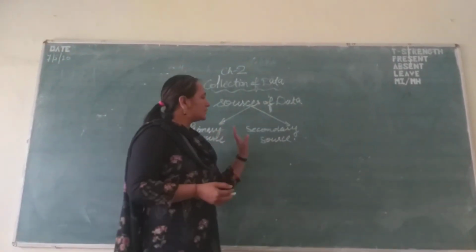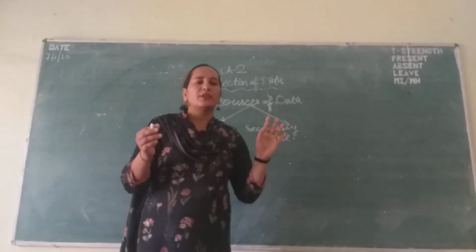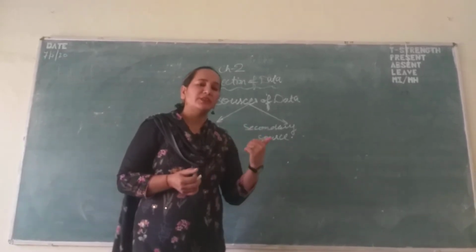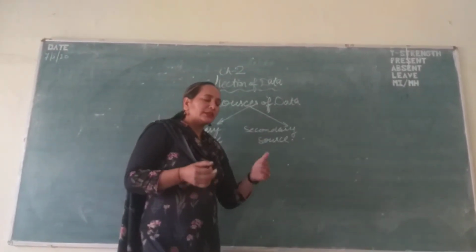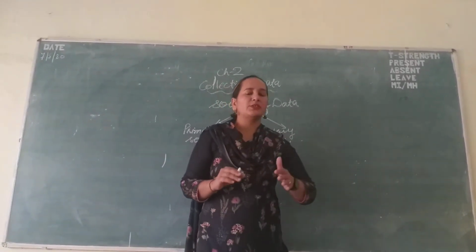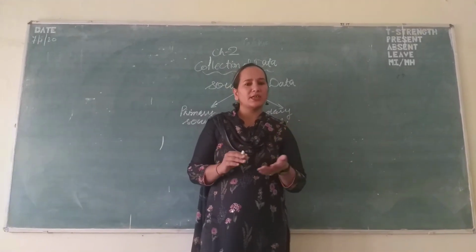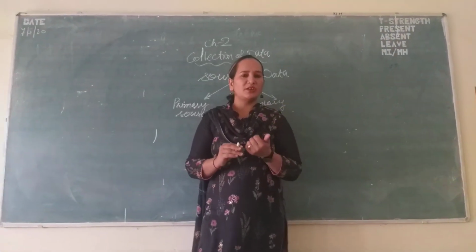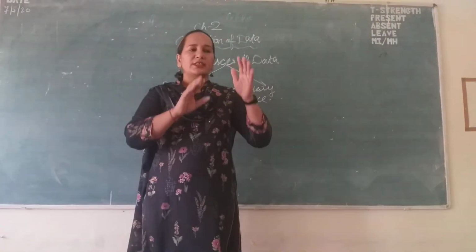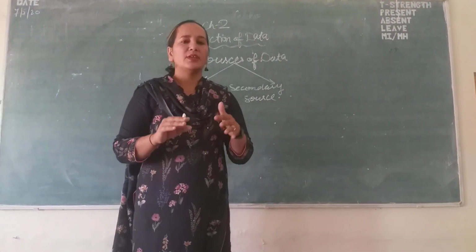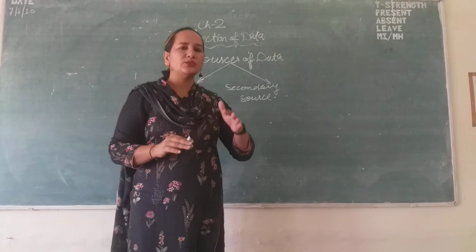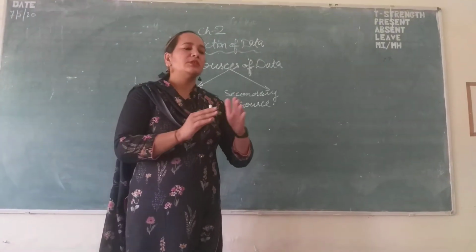Secondary source means if I collect information from somewhere else. Like when getting admission in class 11, you have deposited your class 10th detailed marks sheets with the accounts office. On the basis of your 10th class marks, I will plan that these are the students whose IQ lies between this range.